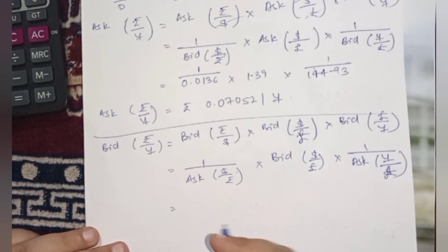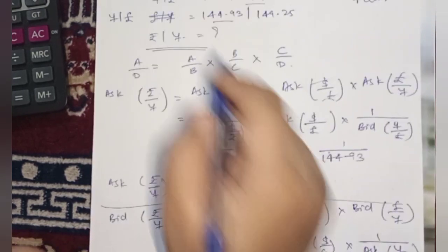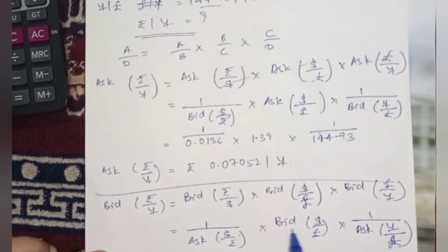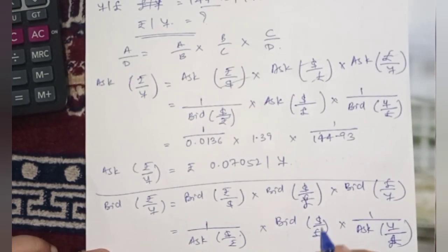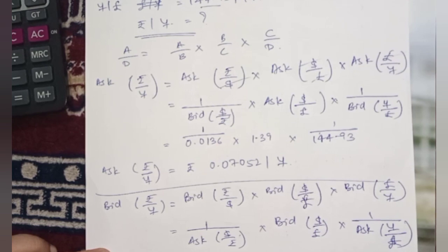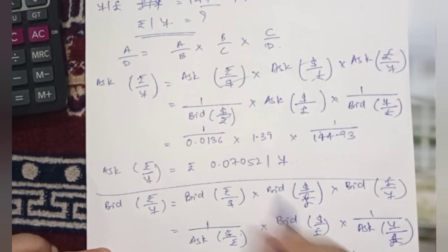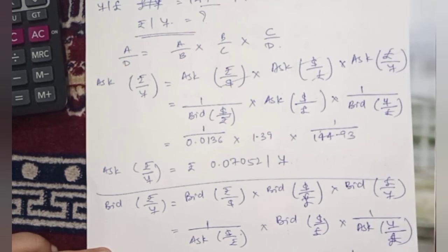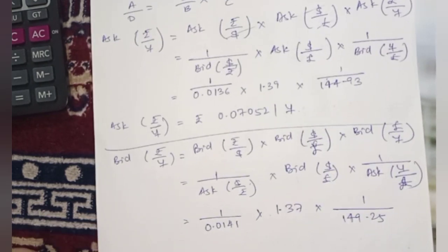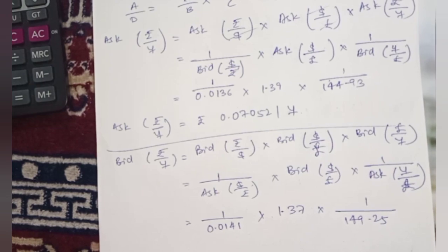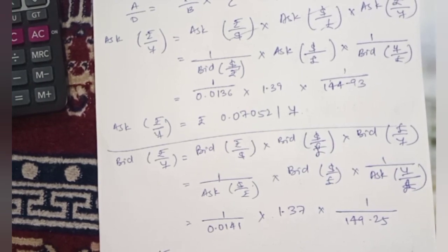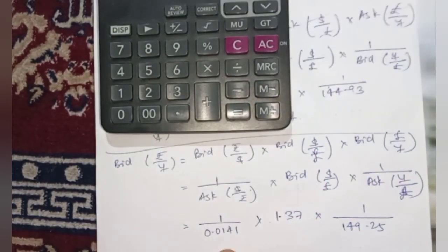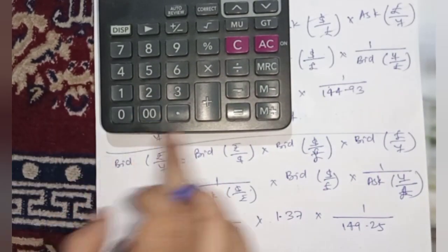Now we will take the values. 1 upon ask of dollar per rupee, multiplied by the bid rate of dollar per pound, that is 1.37. Again we'll multiply it as 1 upon 149.25. So we will get the bid rate of rupee per yen, that is 1.37 divided by 0.141.